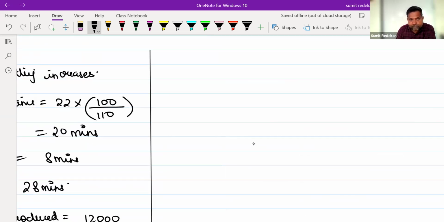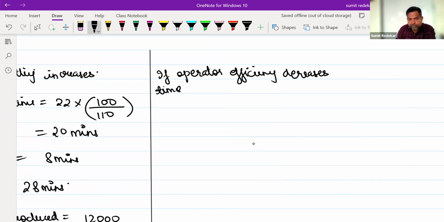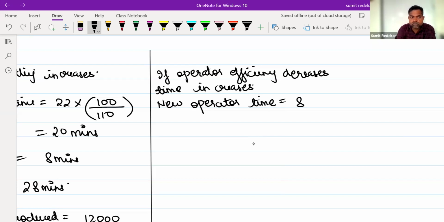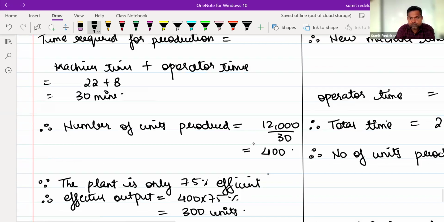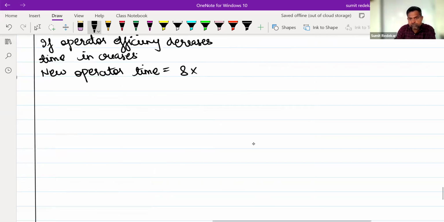So if efficiency decreases, time increases. 12 into 8 is 96.